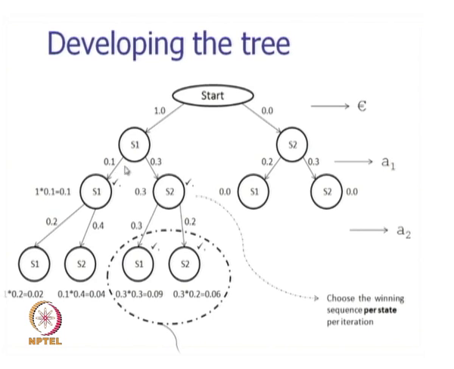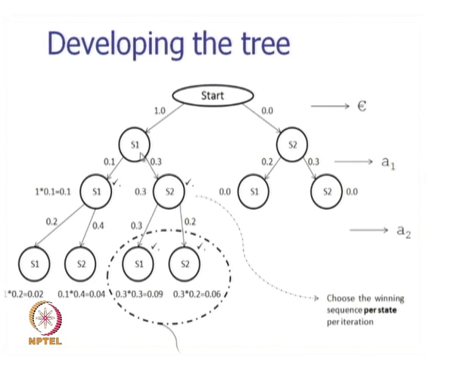Now, when we look at the sequence S1, S1, S1, the probability comes out to be 0.1, which is the accumulated probability of the subsequence S1, S1, multiplied by the transition probability, which is 0.2 on A2. The probability value now becomes 0.1 into 0.2, which is 0.02.